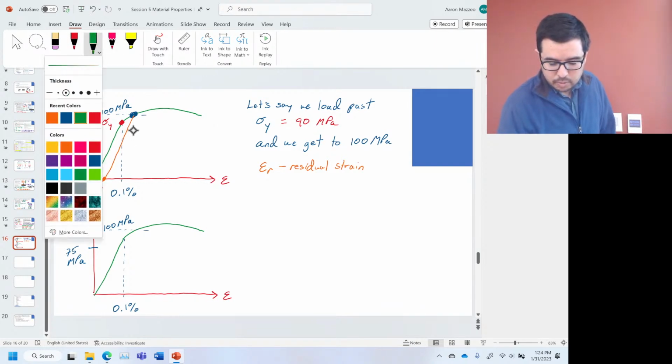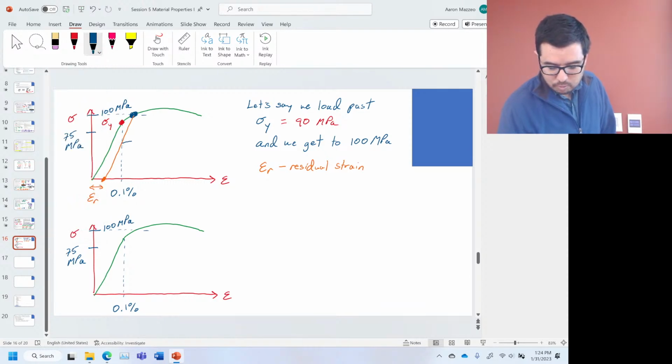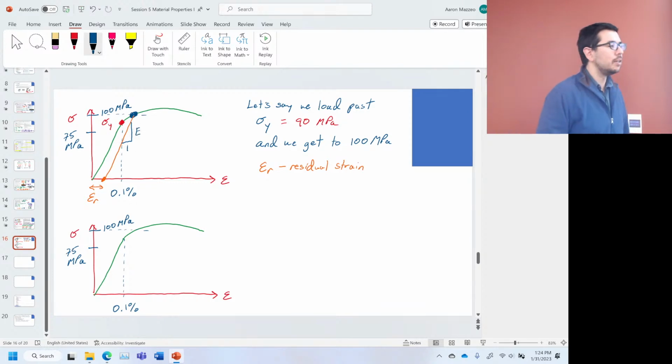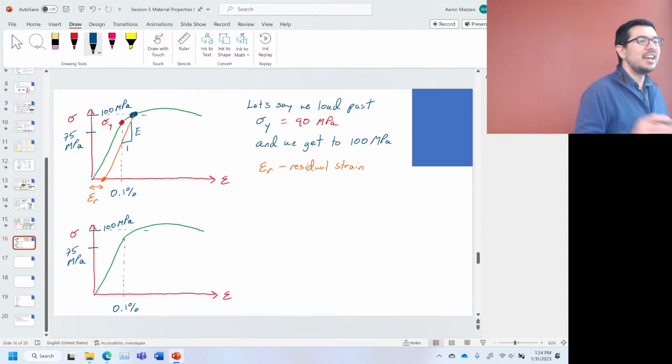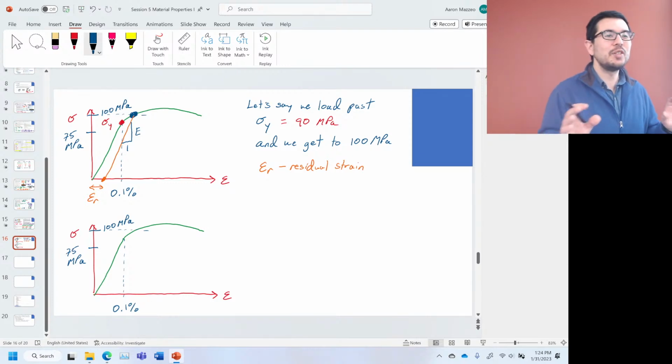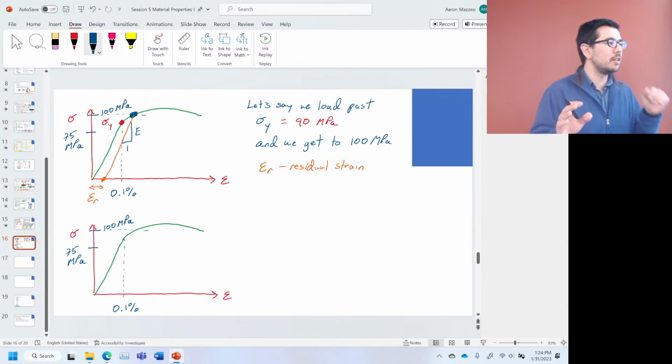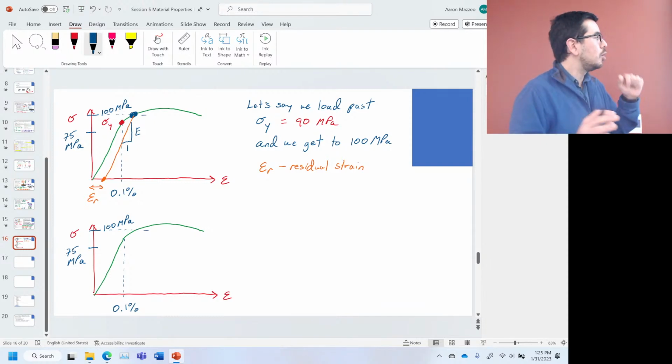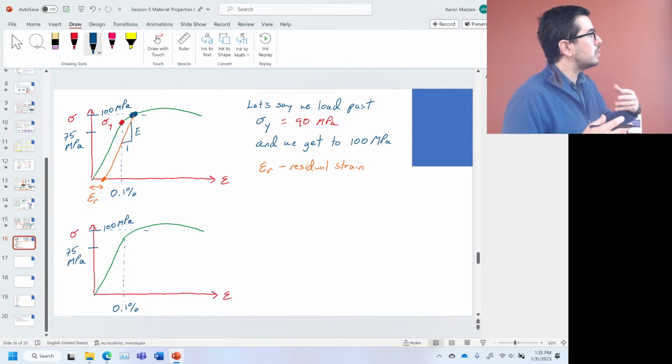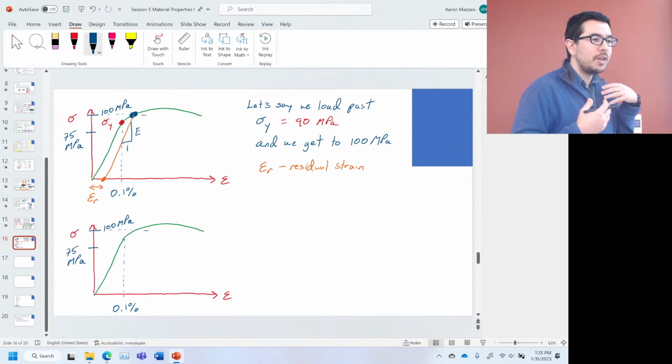Color, sure, blue. That's not really 1, but you get the idea, right? That's going to be the slope. So that is a way to predict how much permanent deformation you've put into your system.